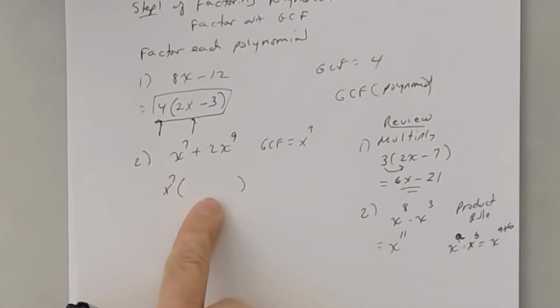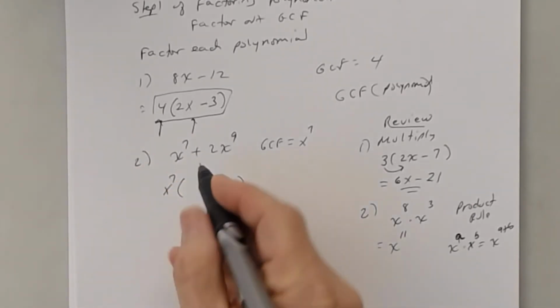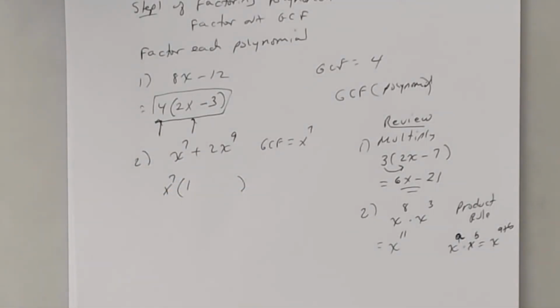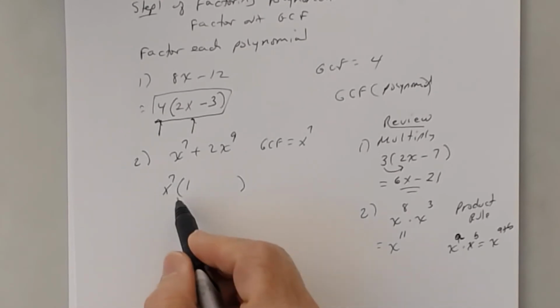You better have 2 terms inside the parentheses. x to the 7th times what is x to the 7th? 1. So I need to put a 1 there. x to the 7th times 1 is x to the 7th. Use the distributive property in your mind.